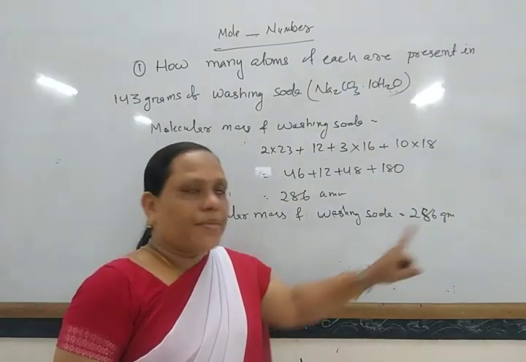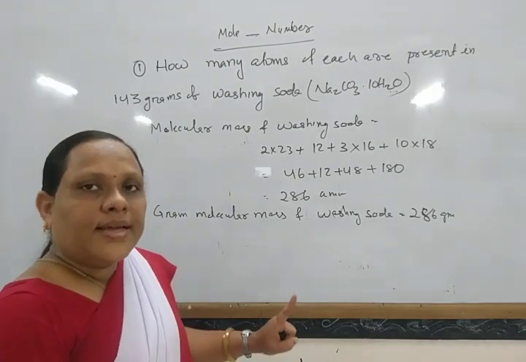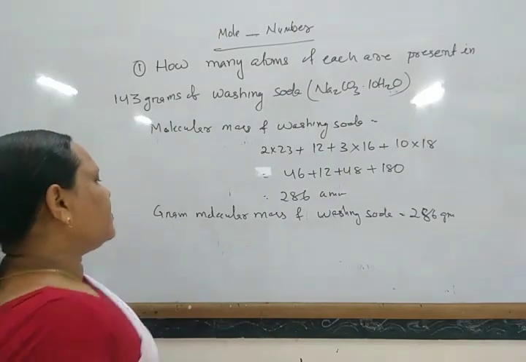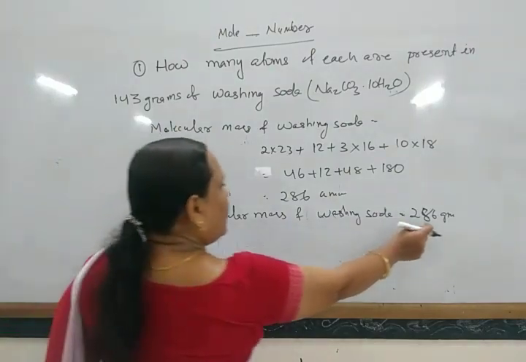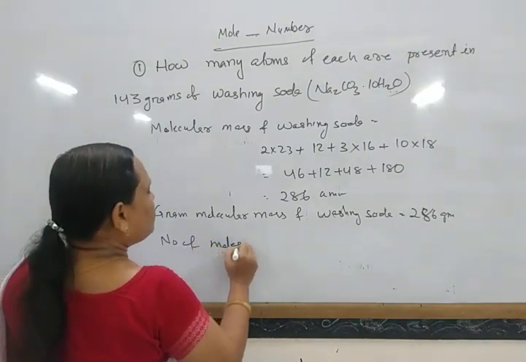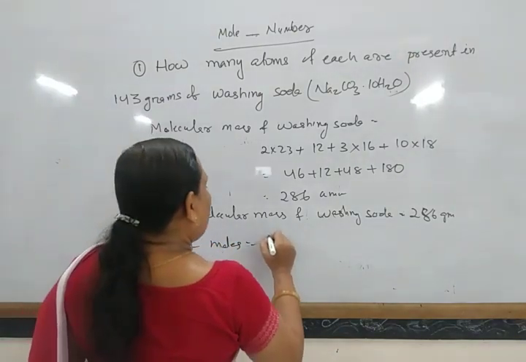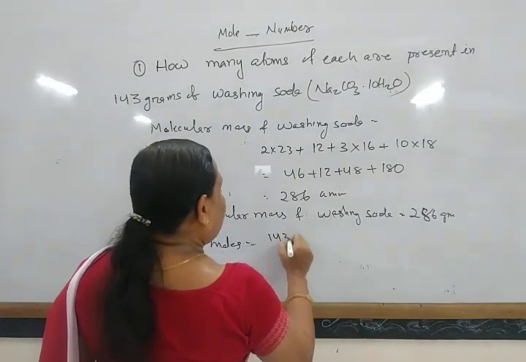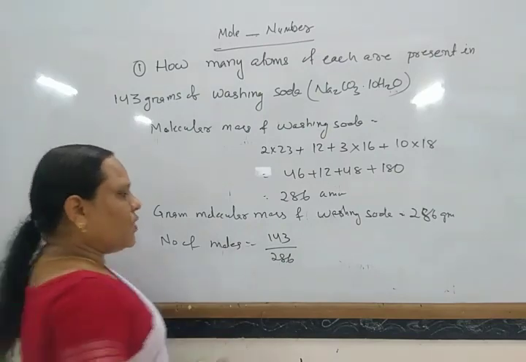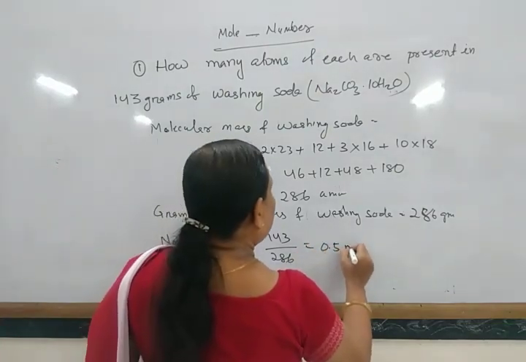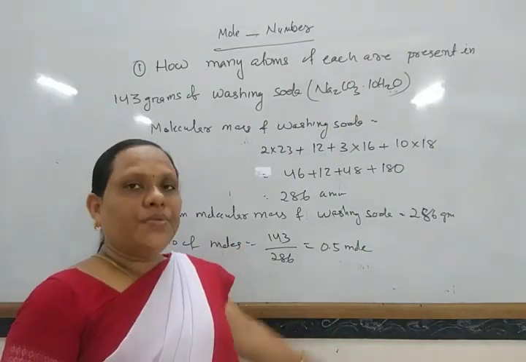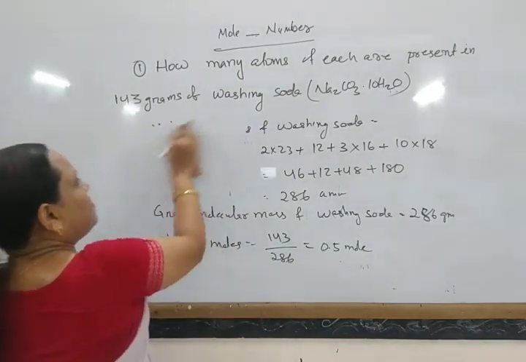So 286 gram means 1 mole, that contains 6.022 × 10^23 number of molecules. Then number of moles is given weight 143 by gram molecular mass 286, that is 0.5 mole.